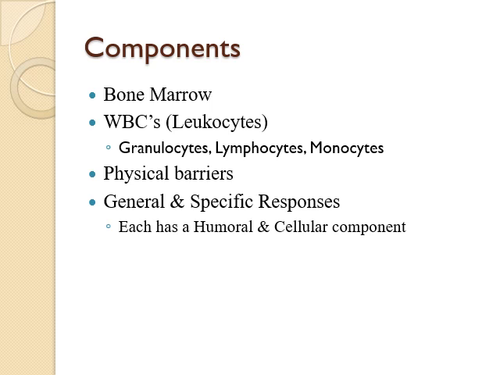When we look at the specific response, or what we call the adaptive response, again, it has both humoral and cellular components as well. So the humoral component of the adaptive response deals with your antibodies, or immunoglobulins, okay? So those antibodies will come in and recognize and destroy the infectious organism. Then the cell-mediated part of that involves your B and T cells.